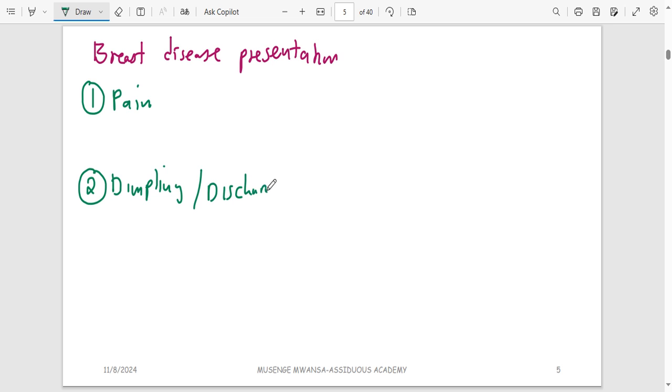We can continue mentioning anything: discoloration, all those things, the D's, right? The 7 D's. Yes, we can continue. Anything else? They can also present with a lump. Anything more? Even a mass, right? Yes, a discharge, including also a mass.